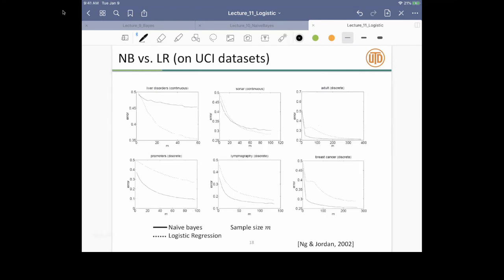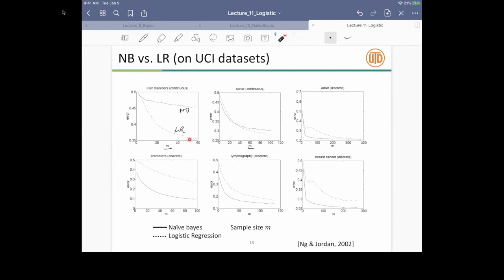So this was an example of naive Bayes versus logistic regression in practice. M here is the number of samples. The solid line is naive Bayes, and this is logistic regression. For a few of these data sets, like this and this, these are continuous data sets, and we see that logistic regression performs much better.